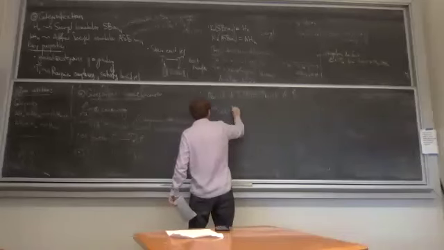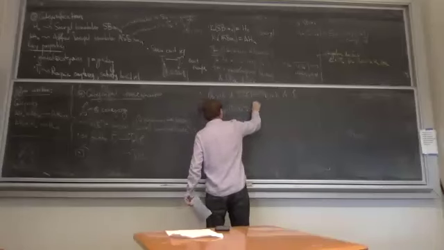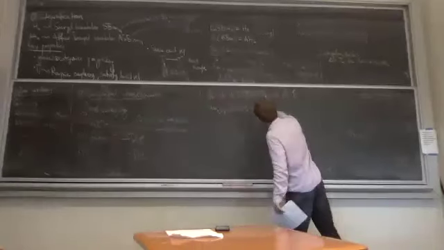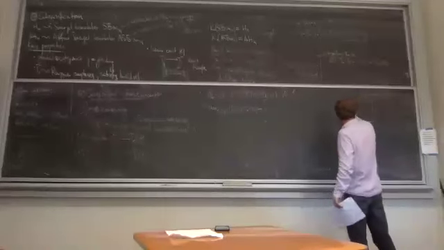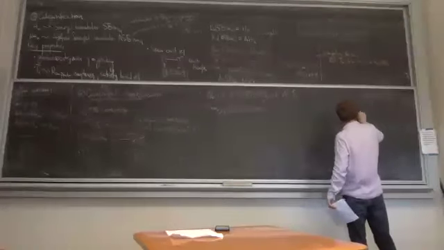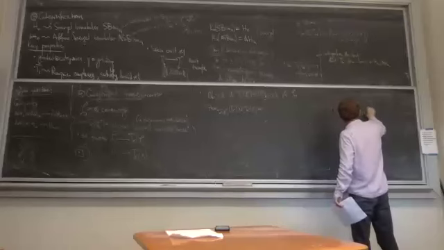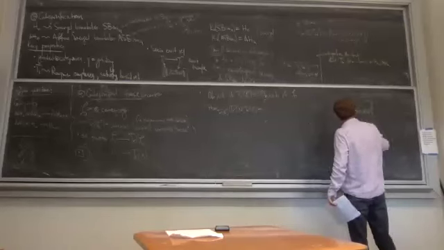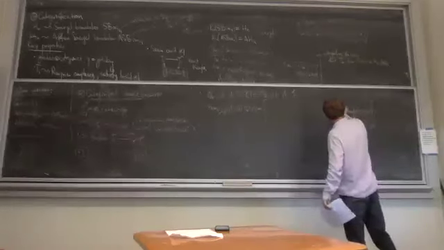I need to understand how to compute morphisms from trace of X to trace of Y. This is a big complex. I write here, in the original category C, Hom from X tensor Z to Z tensor Y, and I sum over all possible objects Z.